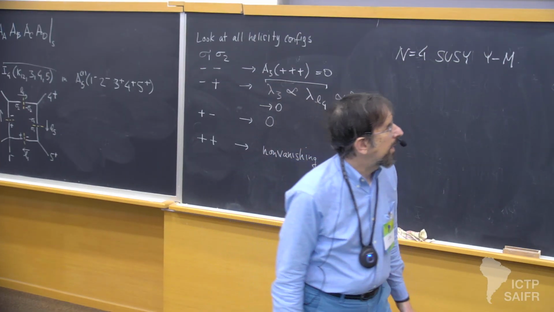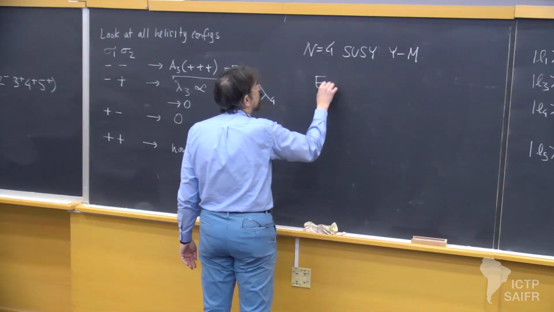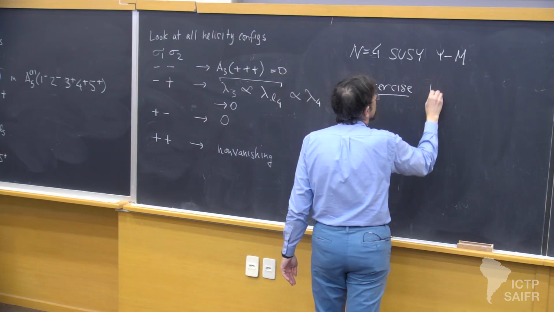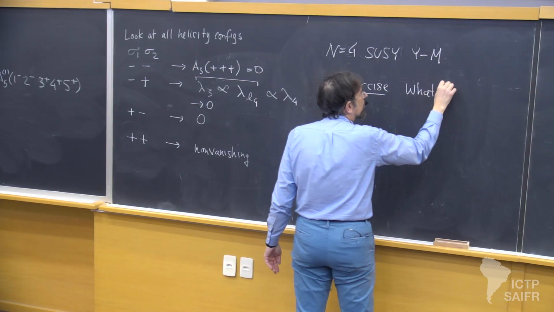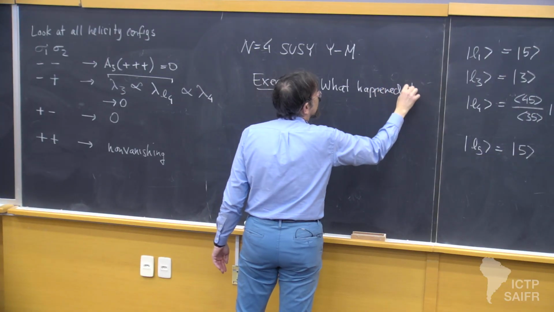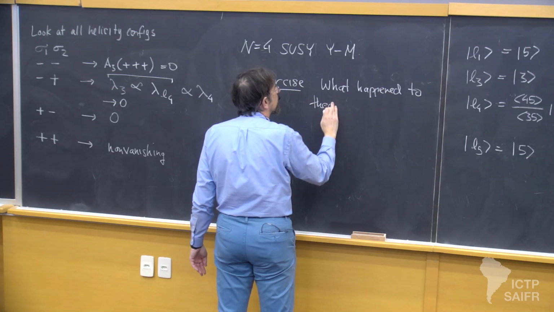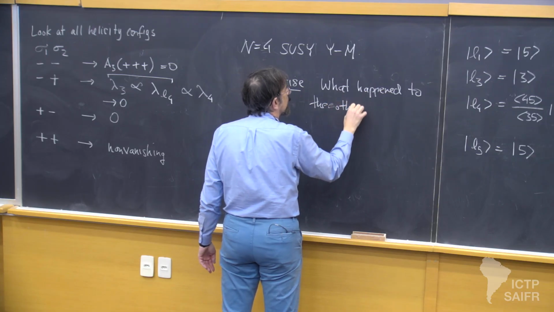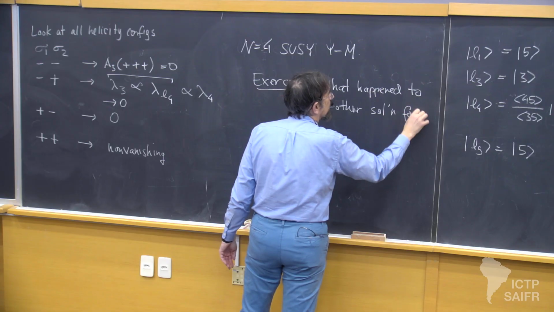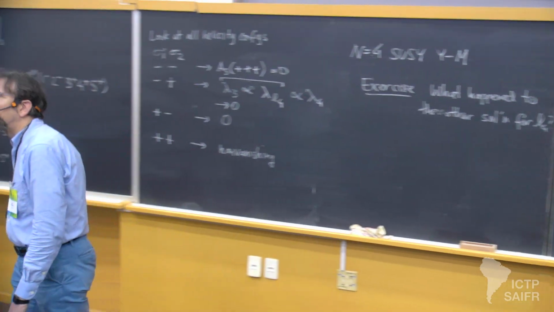Yes, and actually that's a good point. So that's an exercise, so I'm not going to tell you. Exercise: what happened to the other solution for L4? So thank you for reminding me.